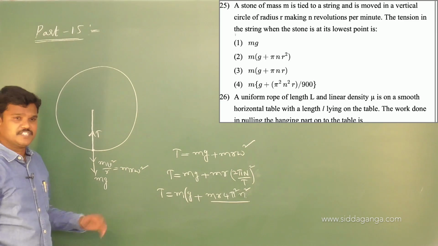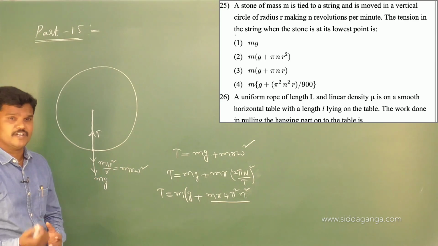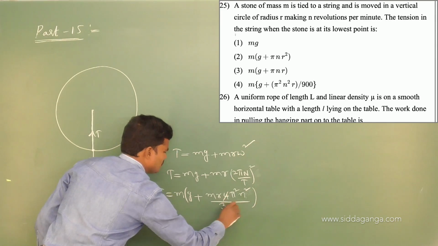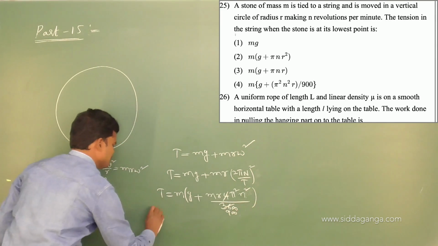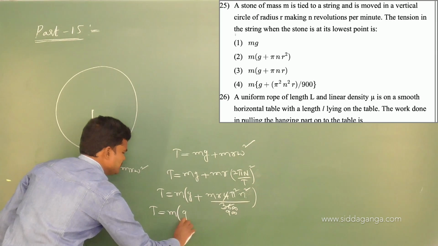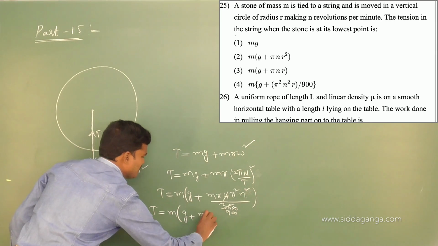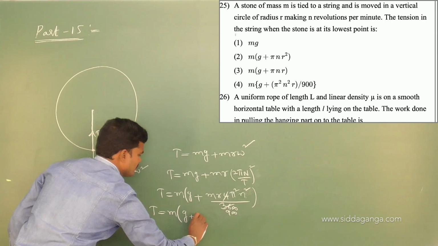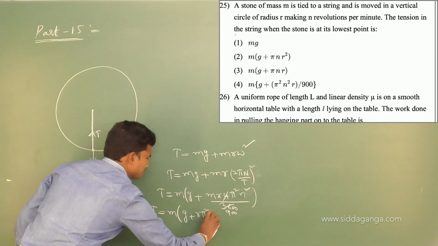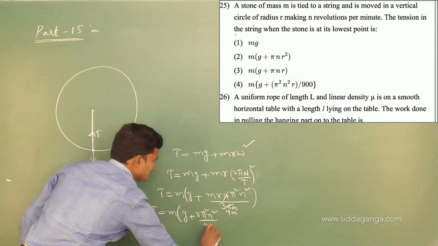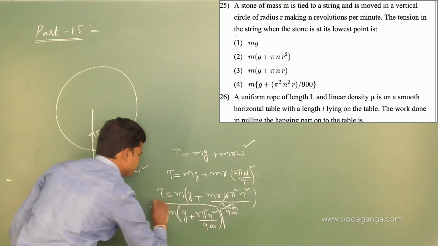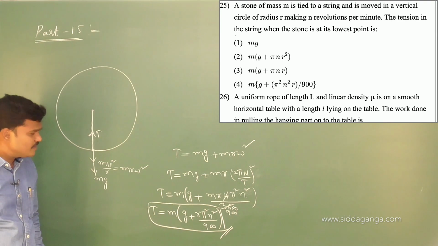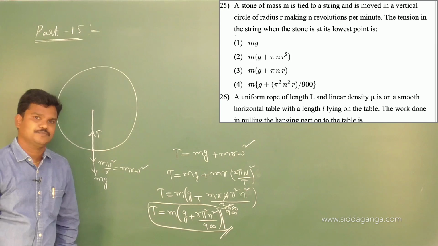T is 60 seconds, 60 seconds square is 3600. 4 by 3600 is 1 by 900. So T is equal to m into g plus, sorry, m already taken out, r pi square n square by 900. Check the options, which option is correct. g plus pi square n square r by 900. So the fourth option is the correct option.